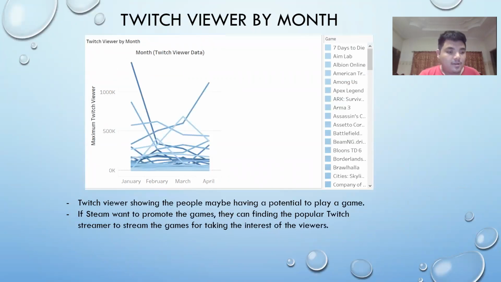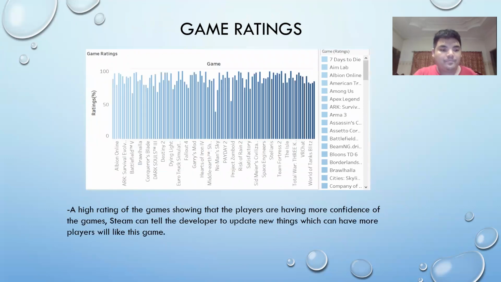For Twitch, if Steam wants to promote the games, they can find a popular Twitch streamer to stream the games to attract the interest of viewers, since Twitch viewers show that they have the potential to play a game through seeing the stream on Twitch.